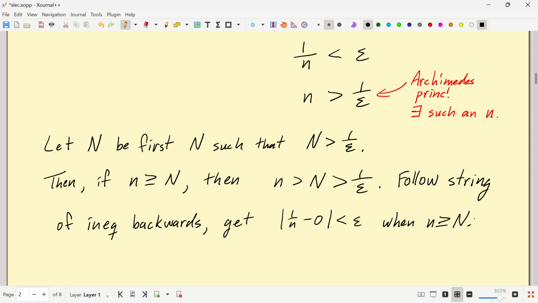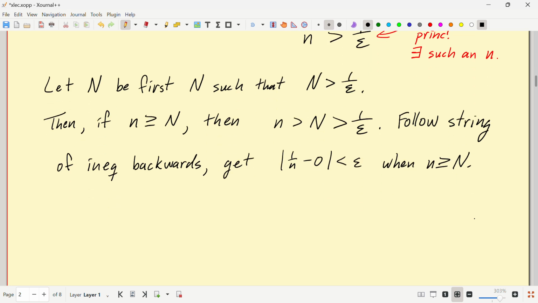Well, now there's going to be some exercises in this section that feel a lot like freshman calculus. So another example: the same string of inequalities shows, even if I had a thing that changed signs, minus 1 to the n, so that flip-flops between plus 1 and minus 1, divided by n.